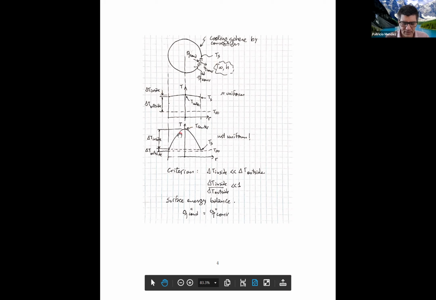The other case is when the cooling is very intense. And when the cooling is very intense, then the surface gets cooled down to nearly the temperature of the fluid. For example, this case here would be the case of cooling the sphere in stagnant air, natural convection.